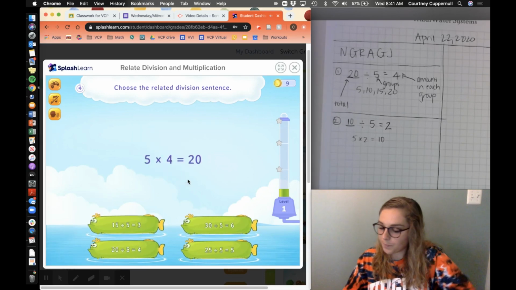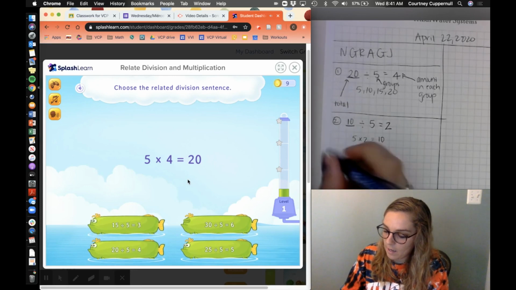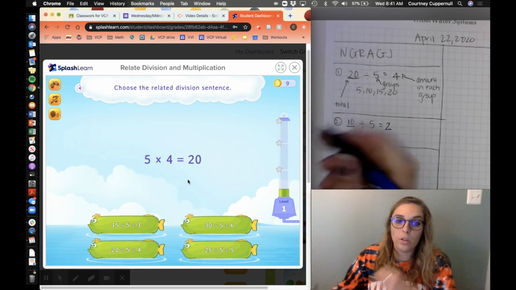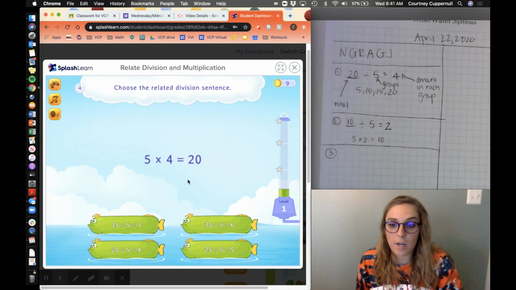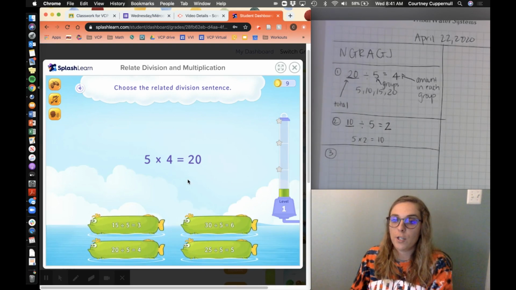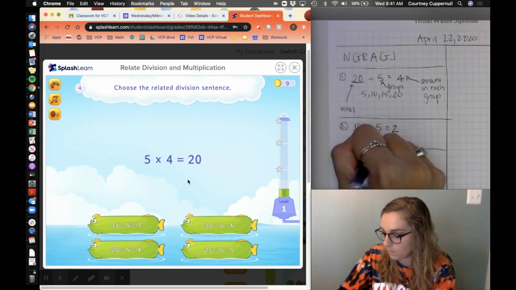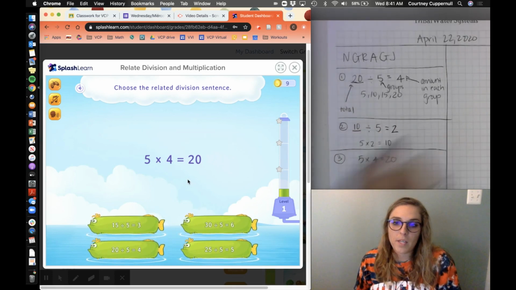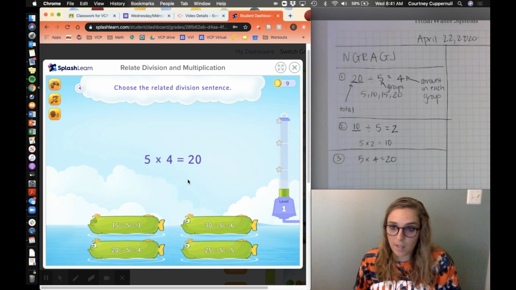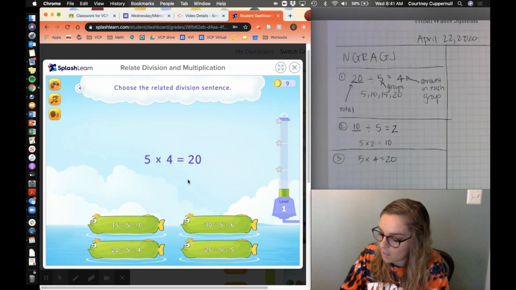Division sentence. All right. Now it's asking me to look at this multiplication number sentence and transform it into a division sentence. So what I'm going to do here to practice is write the multiplication sentence they gave me, and then I'm just going to reverse it. I'm going to think, okay, so this is my total.